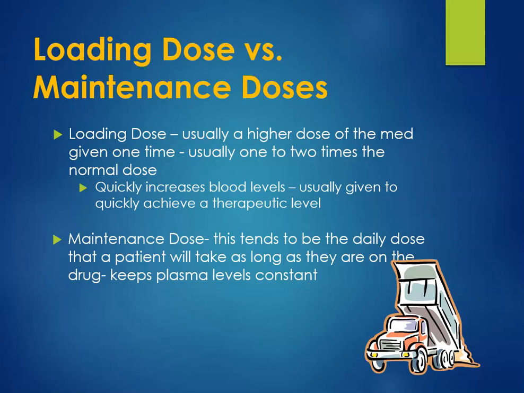So usually it's 1 or 2 times the normal dose, and it quickly increases blood levels to help us get to a therapeutic level. And we're going to talk about this a little bit more in the next slide. And a maintenance dose is, once we've gotten up to that therapeutic level, how do we keep it there in terms of drug levels in the body? Okay.